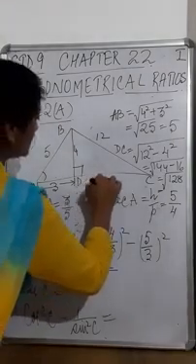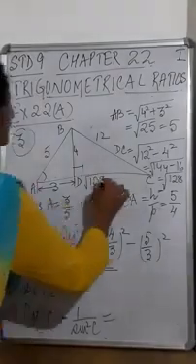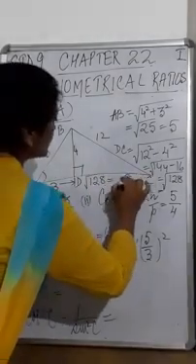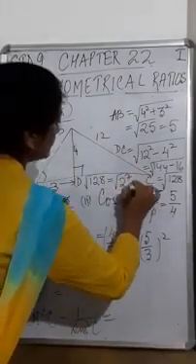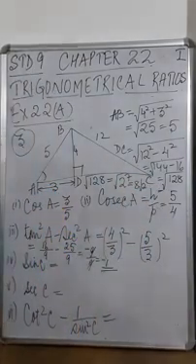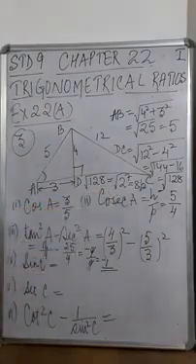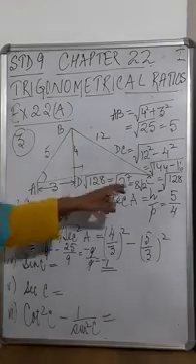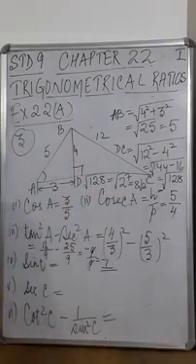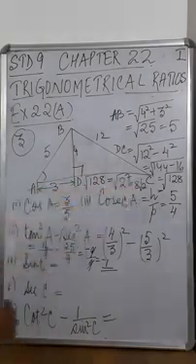Root of 128, if you factorize, will be equal to 2 to the power 7 under root, which is equal to 8 root 2. Right? 2 to the power 7 under the square root sign will be equal to 8 root 2.